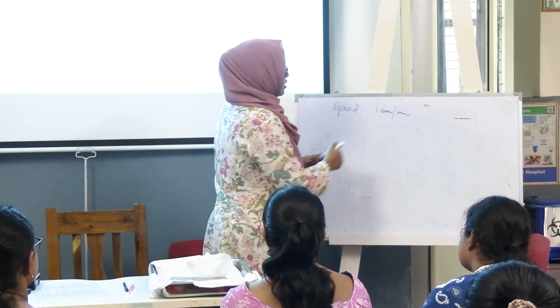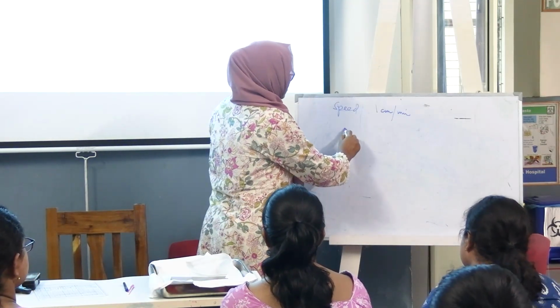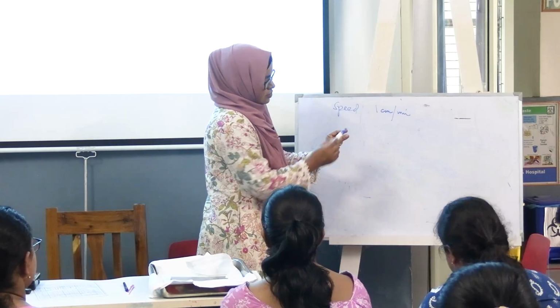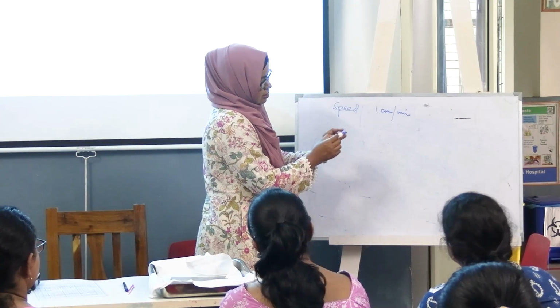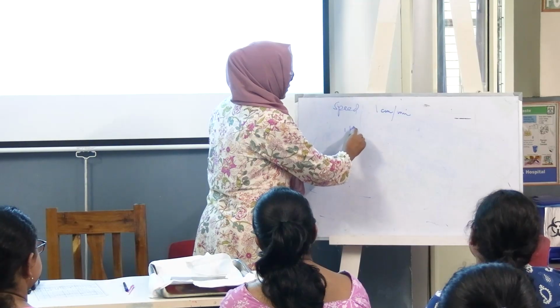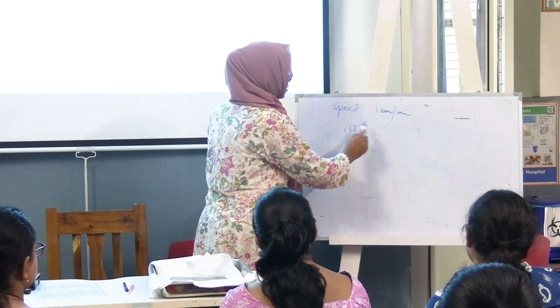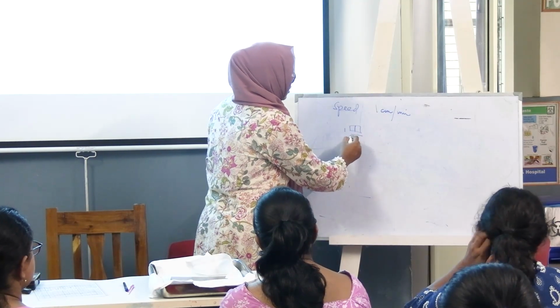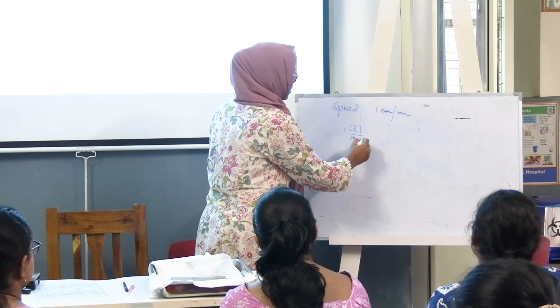Speed 1 centimeter per minute means, suppose this much is 1 minute, 60 seconds. If 1 centimeter has two boxes, then this is 1 minute, 30 seconds and 30 seconds.